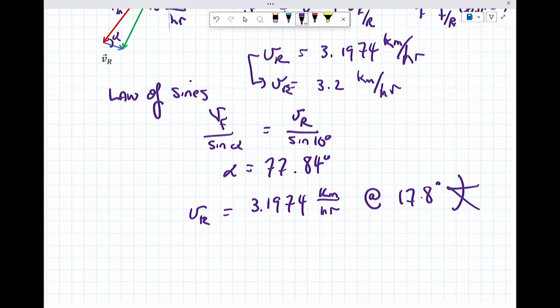Now, to be honest, I've kind of solved this as a full vector solution. I probably would have been better off just breaking it down, and I haven't done the calculations, into x and y coordinates and leaving it as i and j. I could have done that. Once you have those two pieces of information, you know everything that you need.